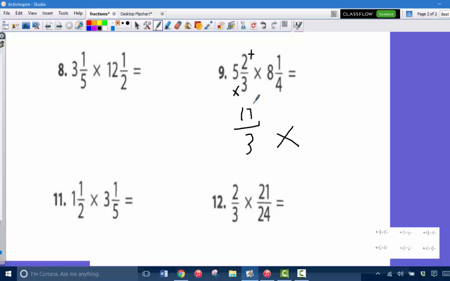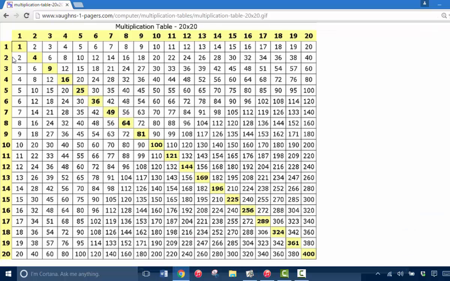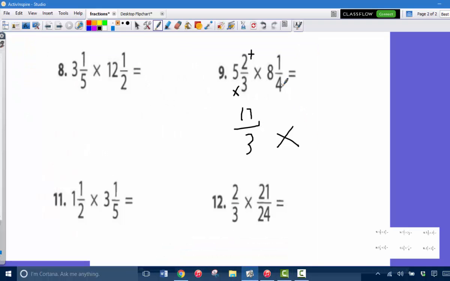Now I have 8 times 4. 8 times 4, I don't really know. 32. Remember, I do not have my facts memorized as part of my learning disability. 8 times 4, yeah, 32. Okay, so I'm going to take that 32, add 1, I have 33, and then 4.